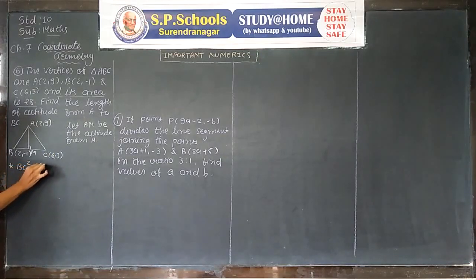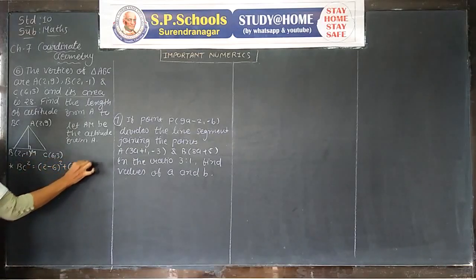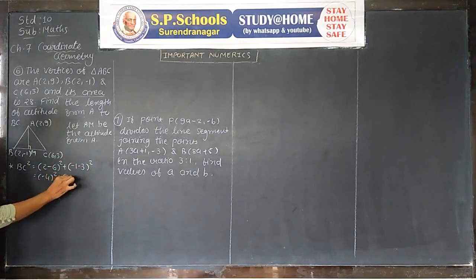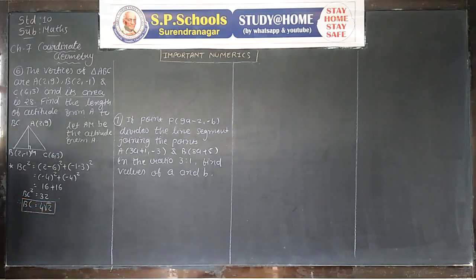BC square is equal to (2 minus 6) whole square plus (minus 1 minus 3) whole square, which is (minus 4) square plus (minus 4) square. Minus 4 square is 16, plus 16, which is 32. BC square is equal to 32. That's why BC is equal to 4 root 2. Here the base BC is obtained.